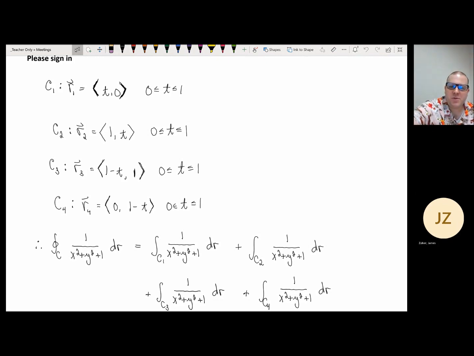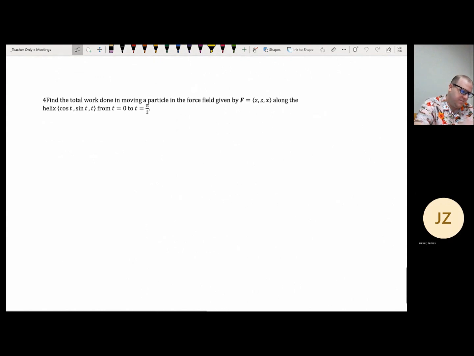Oops, that's not number 2. What am I doing? This is 4. Find total work done in moving a particle in the force field given by z, z, x along the helix cosine of t, sine of t, t, from t equals 0 to t equals pi over 2.